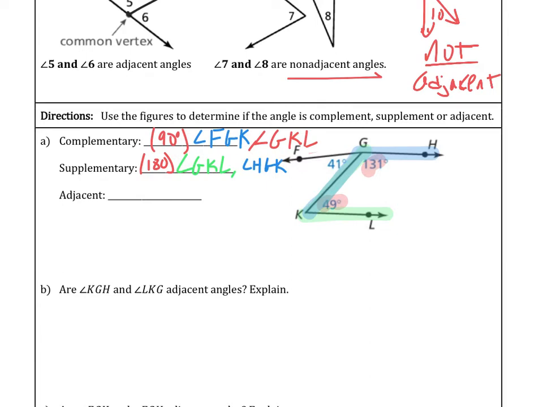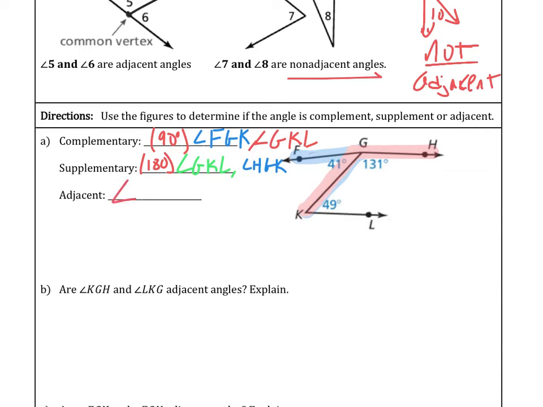What about adjacent? Now that's our other pair we just learned about. Adjacent means they're connected. Well, those two angles that we just talked about were connected. They share a side, but they don't share a vertex, right? They have different vertices. So we got to find two angles that have a vertex like this, vertex G. So how about that blue angle there and that red angle?